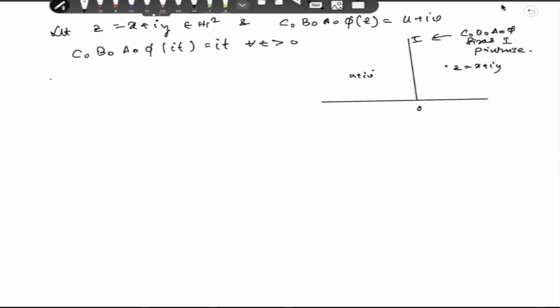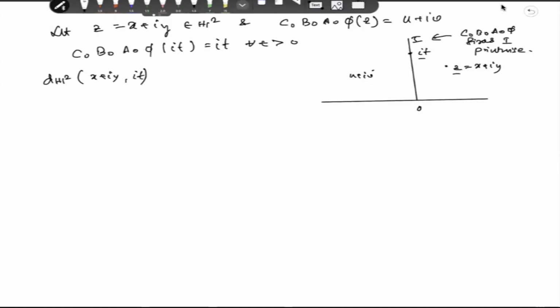So now let us take the distance between X plus IY and IT. I'm taking any point IT here, so I'm taking the distance between Z and IT.